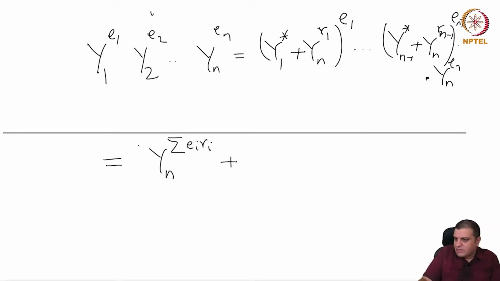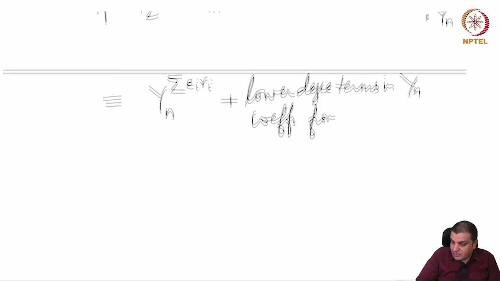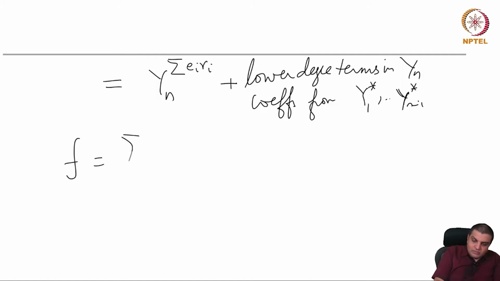This monomial will get converted into a polynomial where this coefficient is 1, and then lower degree terms in yn, with coefficients from the other variables y1 star through yn minus 1 star. Here the coefficient is from k and it is 1. Okay. So this looks like this. Now recall that f was some coefficient times this one.